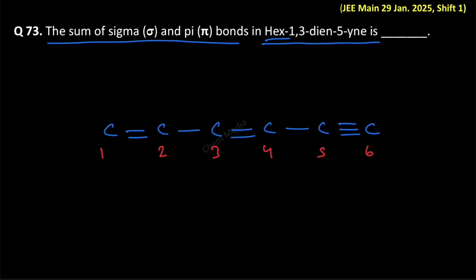Let's fill the hydrogens in order to satisfy the valency of carbon. So therefore 1 hydrogen at position 6, no hydrogen at position 5, 1 hydrogen each at position 4, 3 as well as 2, and then 2 hydrogens at position 1.